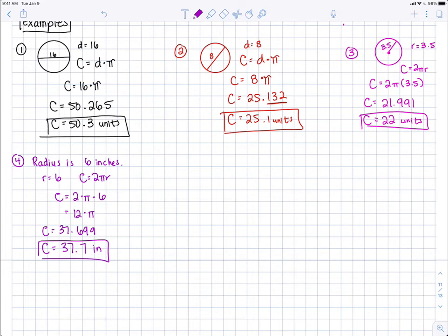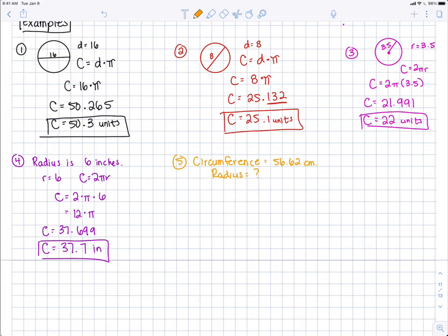Okay, the last 2 problems that I'm going to share with you are going to practice finding the radius or the diameter given the circumference. All right, here we go. So in question number 5, we are given the circumference of 56.62 centimeters, and our job is to find the radius.